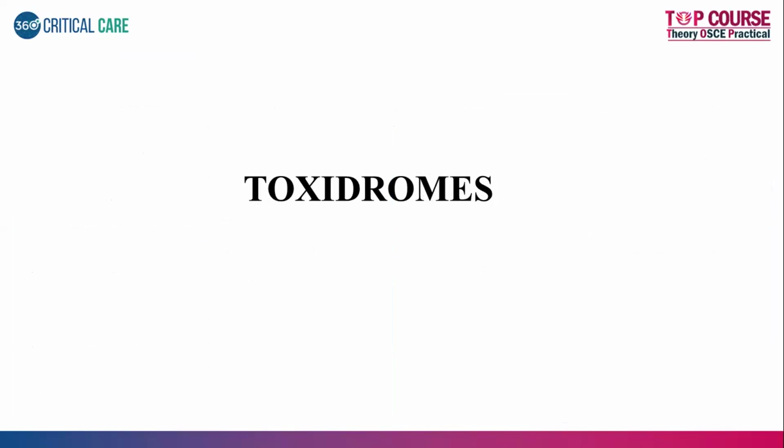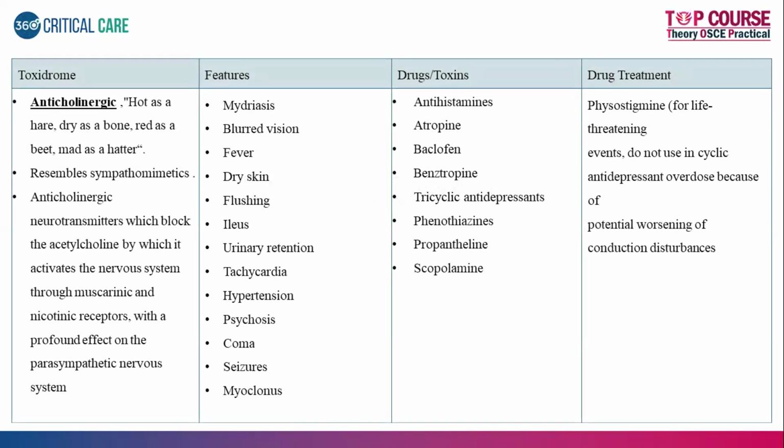Third, some laboratory parameters with examples, and you can just mention one of the toxidromes which you actually know. You can mention anticholinergics, opioids, narcotics, or any other example in detail.